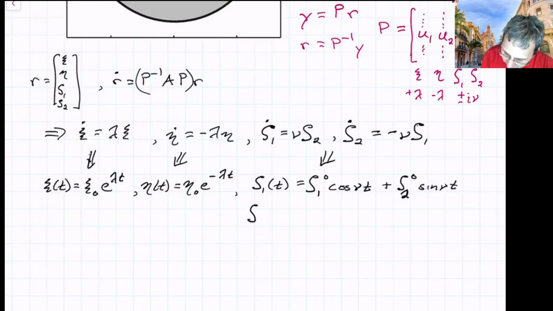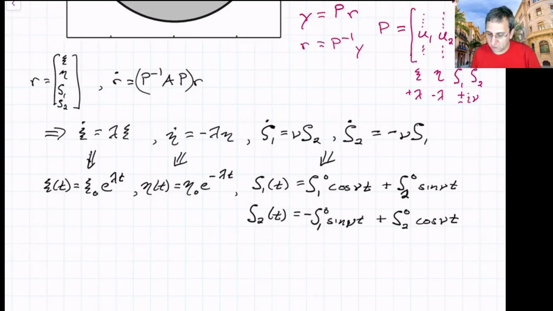And zeta 2 is negative zeta 1 naught sine nu t plus zeta 2 naught cosine nu t.